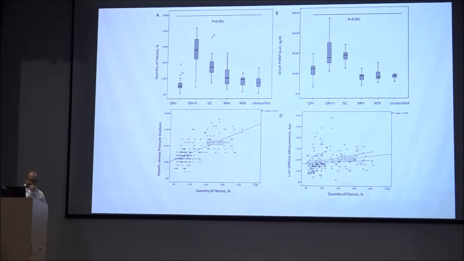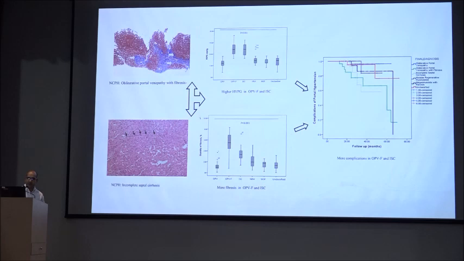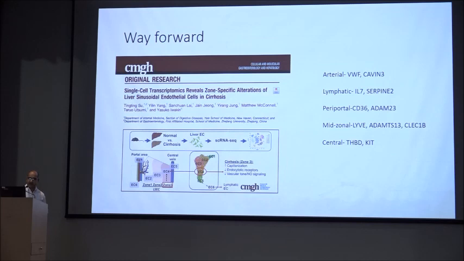So the value of LSM is a bit spurious because it is not related to true fibrosis. It is basically because of the expansion, or volume expansion, of the liver parenchyma. Based on the outcome, we noted that portal hypertension related complications were more prominent in case of OPV with fibrosis and incomplete septal cirrhosis as compared to the other entities which we classified.